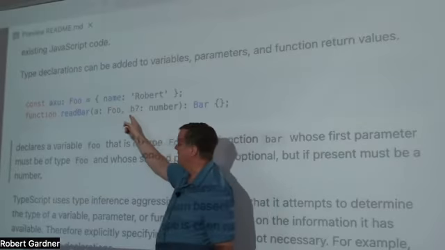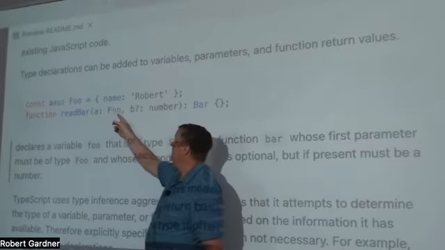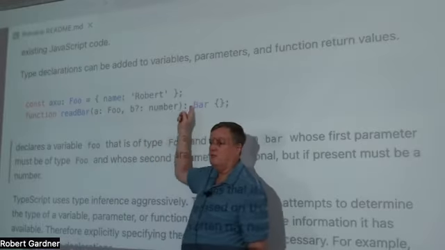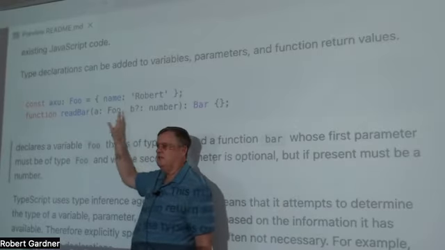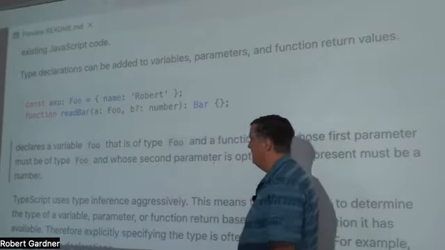So I can actually call this with just 1 parameter as long as that parameter is a foo. If I try to pass in a foo and a string, I get a compile error. If I try to pass in 3 parameters, I get a compile error. If I try to call it with 0 parameters, I get a compile error. Okay, so it does all this checking for you to make sure that you're calling it correctly.